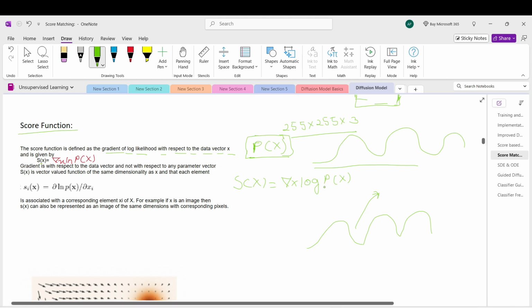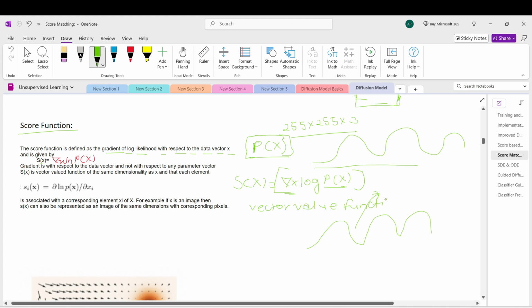The density will give probability values, and we take the log likelihood, and then take the gradient with respect to the data vector x. This is the score function. It is not dependent on any model parameter; it is with respect to the data, and it is actually a vector valued function.